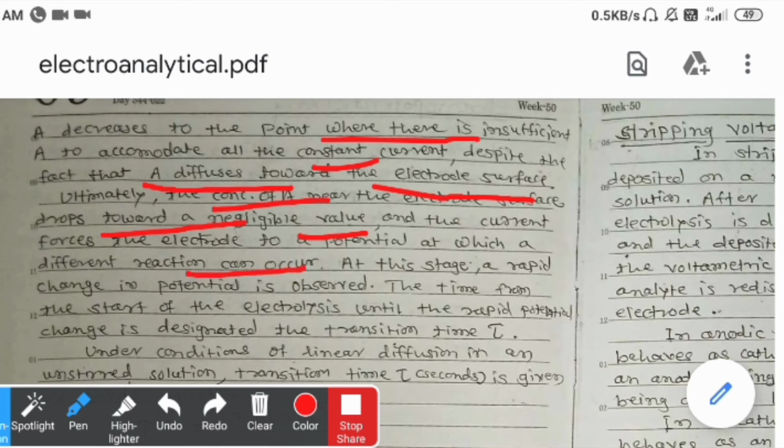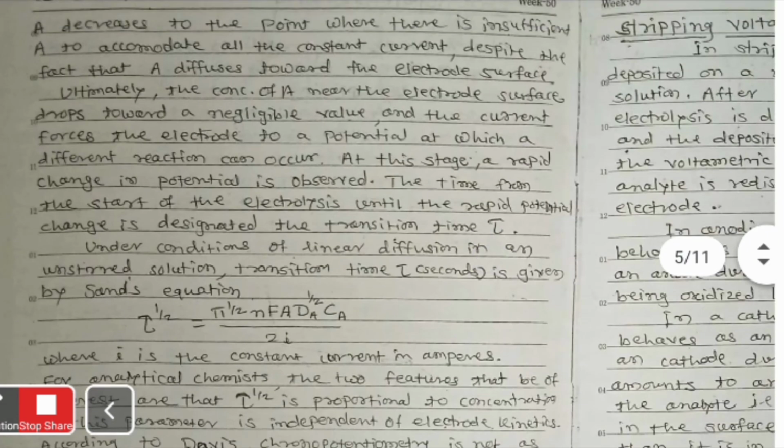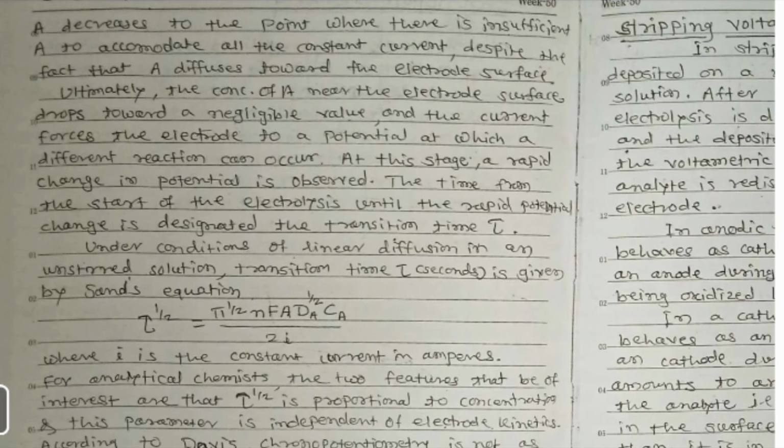Since reduction is taking place, a point occurs where the reduction of A near the electrode surface is complete and its concentration becomes negligible.